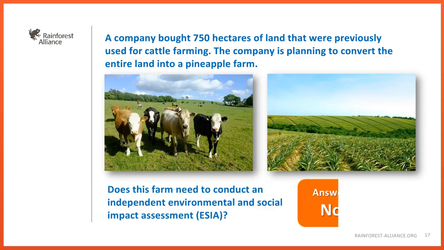The answer is no. The definition of land conversion by the SAN does not include the case when a land use changes from one crop to another crop, from cattle production to crop production, or from crop production to cattle production. In this case, the land use is changed from cattle production to crop production. Therefore, it does not fall under the SAN definition of land conversion.